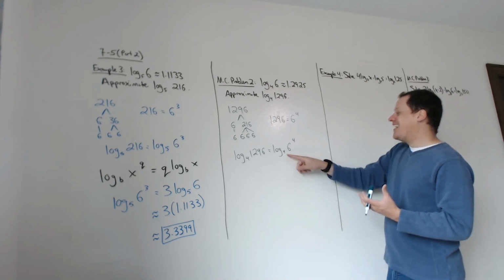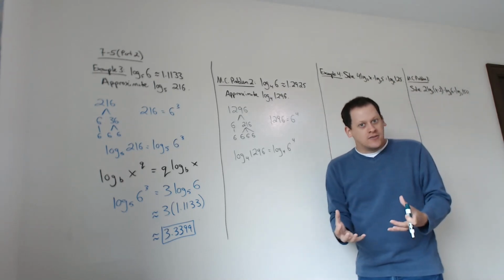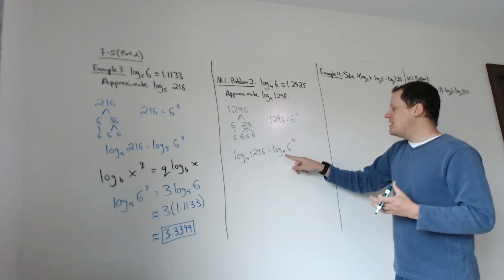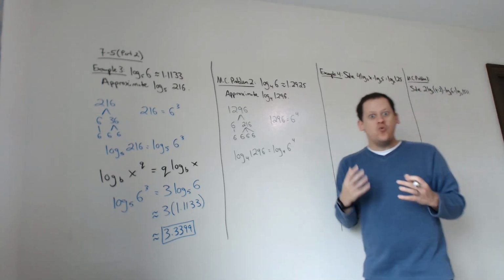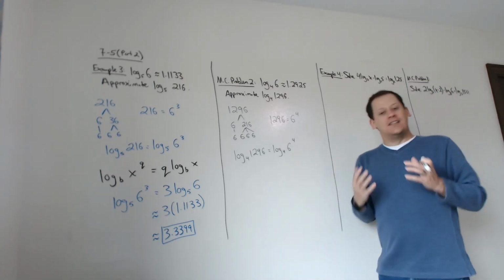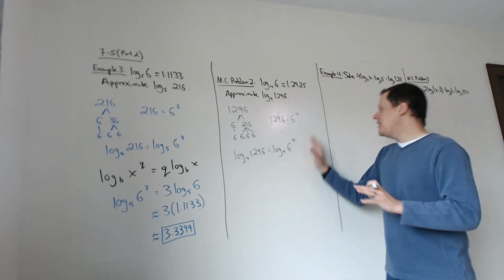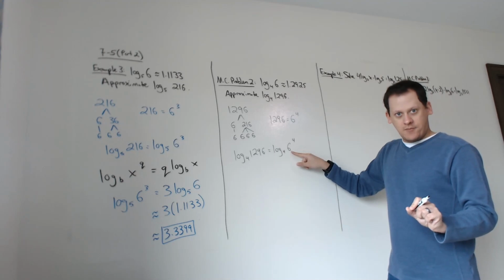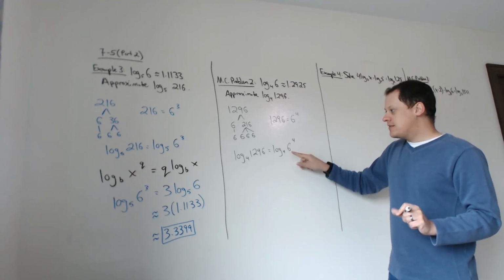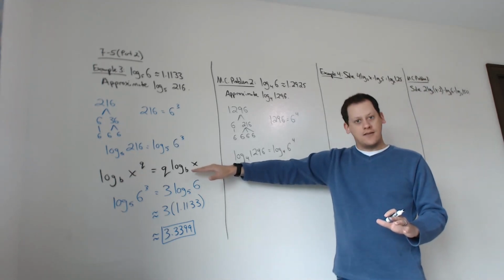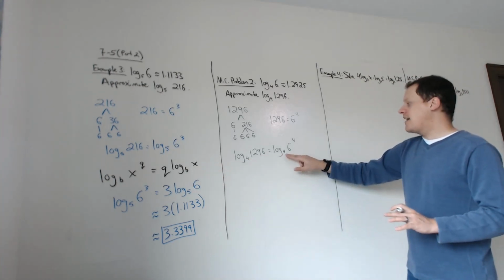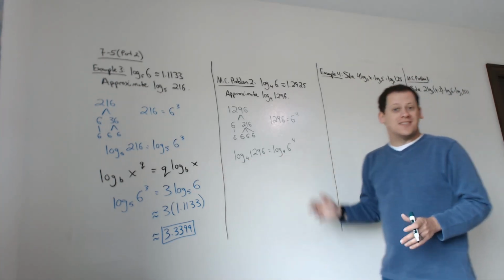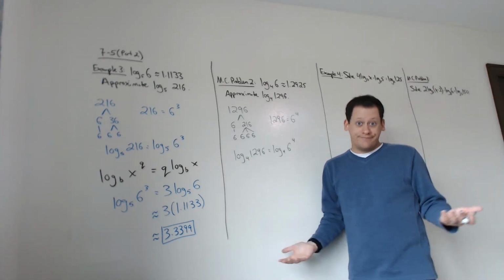I know you're trained to see patterns in math, and you see the pattern that these are the same number, and you're like, ooh, does that mean the answer is 6? No. You can only do something with this if the base of the log and this base are the same number. Since they're different, we're going to be using this rule. The fact that the base of the log and this exponent are the same, unfortunately, doesn't tell us anything.